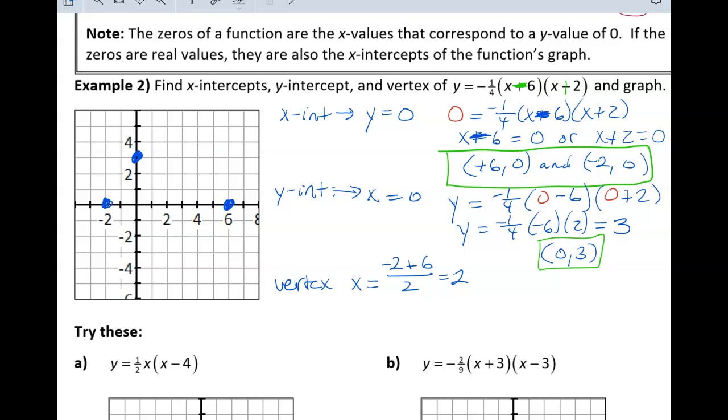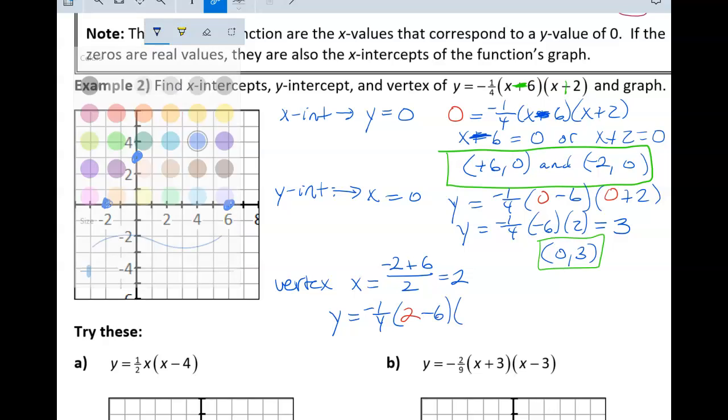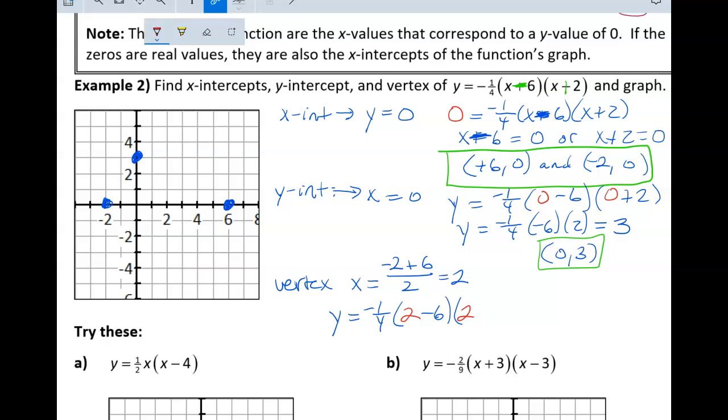So y equals negative 1/4 times (2 minus 6) times (2 plus 2). That's going to give us negative 1/4 times negative 4 times 4, which is going to give us 4. So our vertex is the point 2, 4.